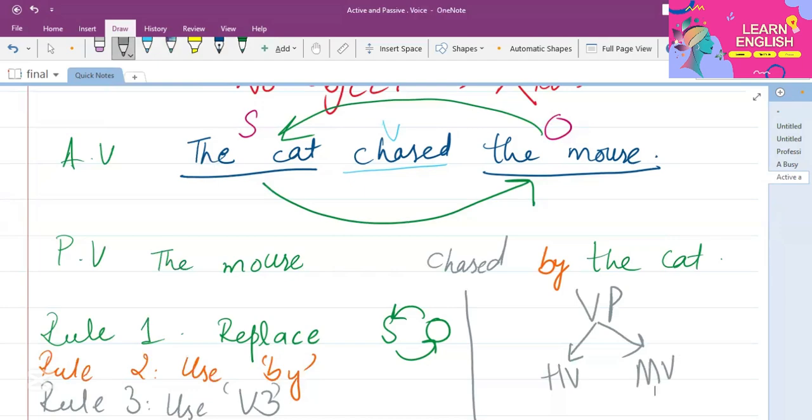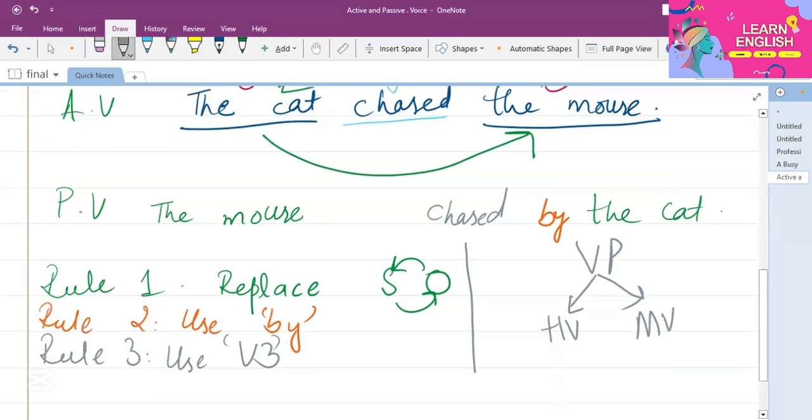Main verb is basically the main action that is being performed. And helping verb is the use of be, has, have, may, might, could, all of these. Be verbs are all helping verbs. So the main verb that we use in passive voice is basically V3, third form of verb.